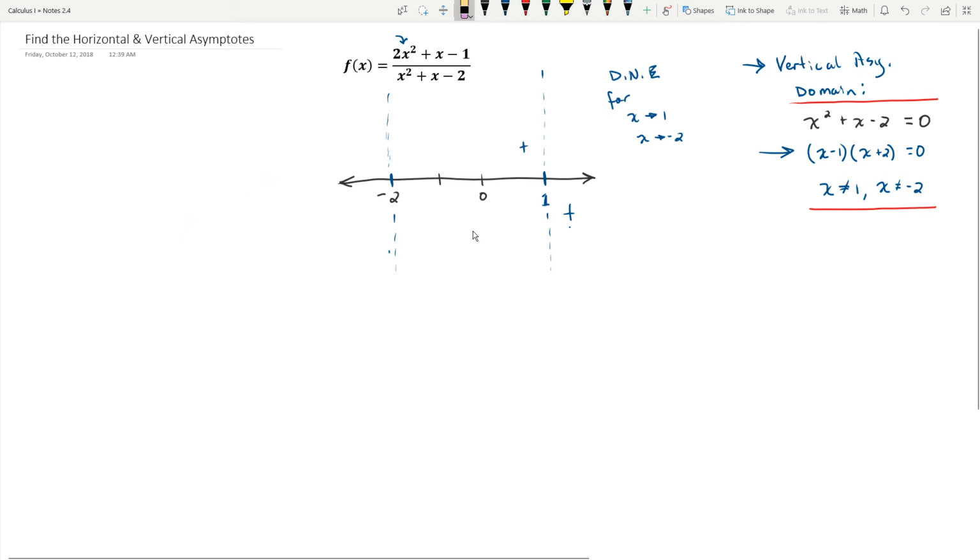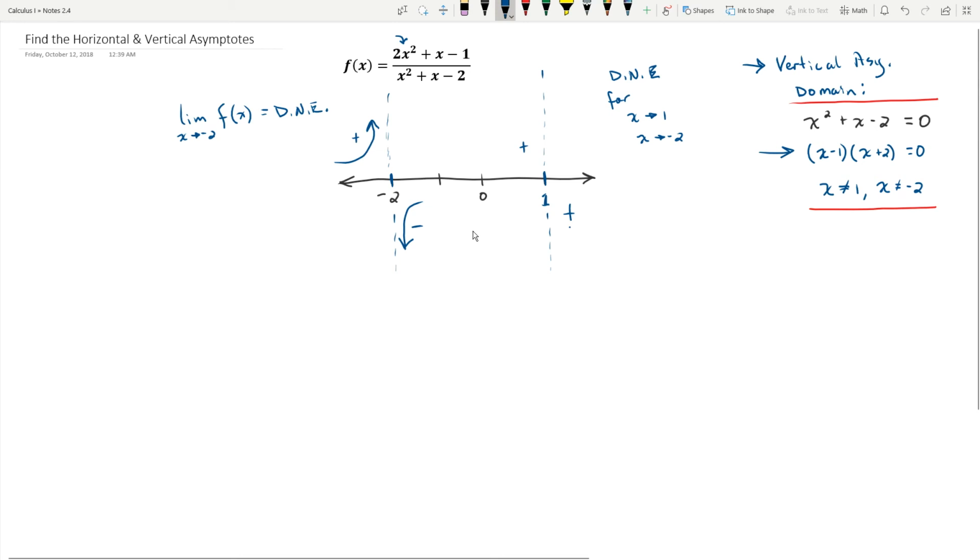The limit as we approach -2 from the left is actually positive, and as we approach from the right, it is negative. They're going in opposite directions. So the limit as x approaches -2 for the function f of x does not exist. They have to be going in the same direction. My values that are less than -2 were positive, and my values that are a little bit larger than -2 are negative.